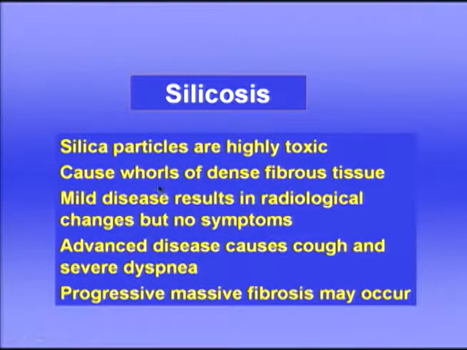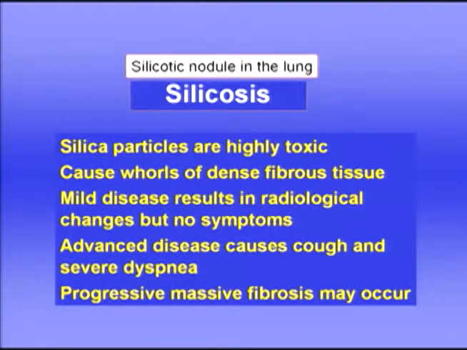In fact, if the silica particles are picked up by macrophages, which they are, often they kill the macrophages because the material is so toxic. They cause these whorls of dense fibrous tissue, and I'll show you an example of that in a moment. Mild disease shows a few radiological changes, but not much in the way of symptoms. But advanced disease causes cough and severe dyspnea, and you can actually get progressive massive fibrosis in advanced cases.